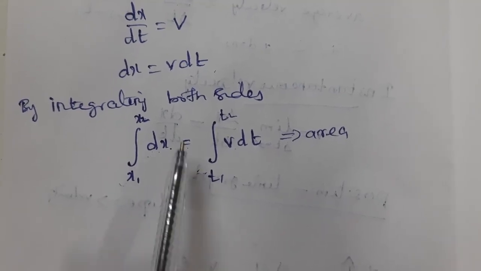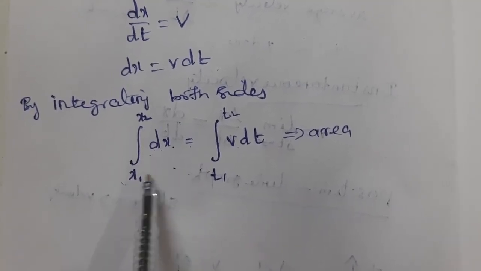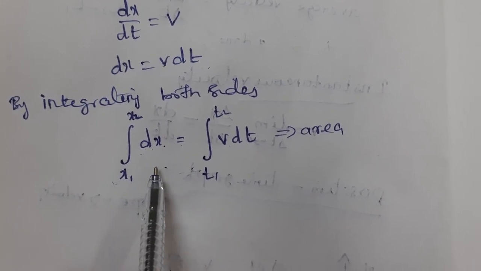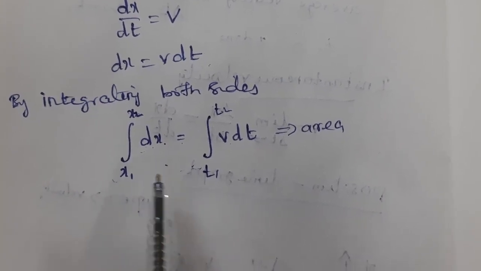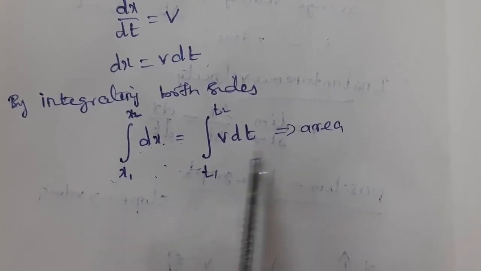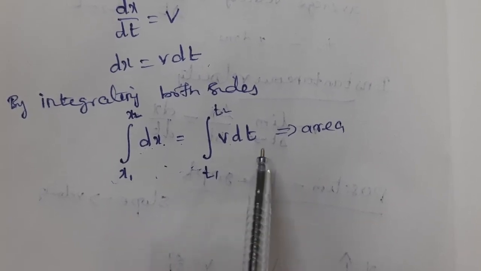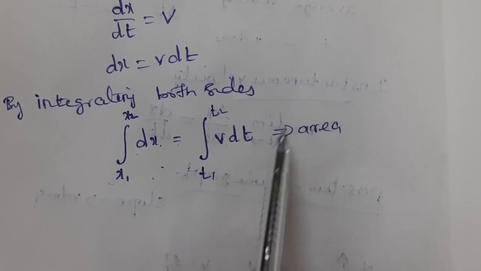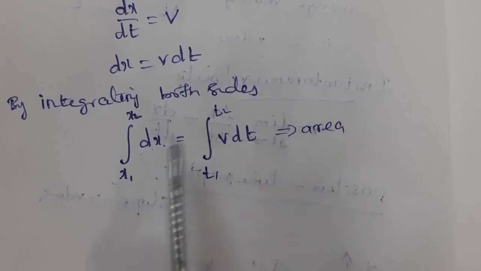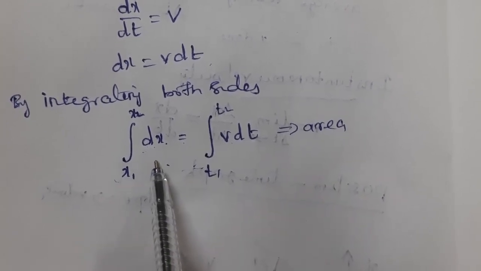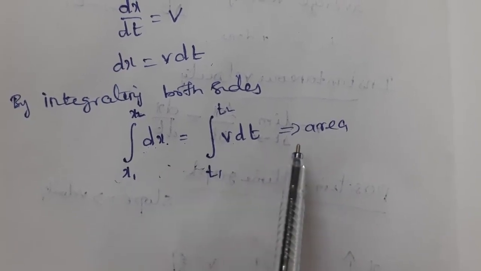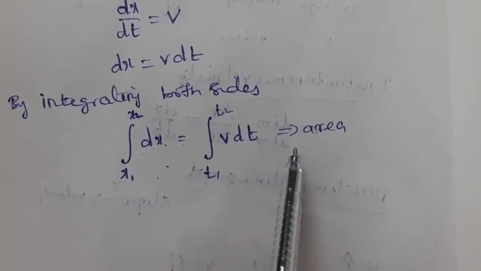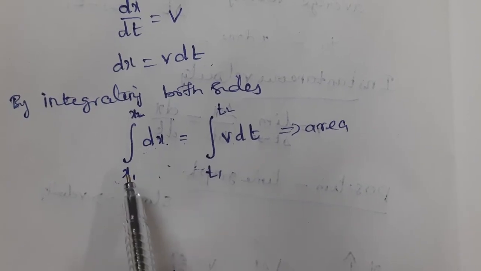Since the left hand side of the integration represents the displacement travelled by the particle from time t1 to t2, the area under the velocity time graph will give the displacement of the particle. If the area is negative, it means the displacement is negative. So particles have travelled in the negative direction. The area is positive, displacement is in the positive.